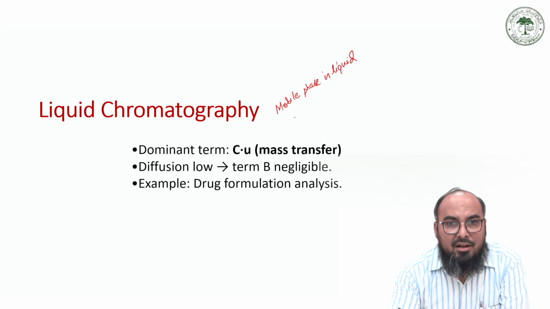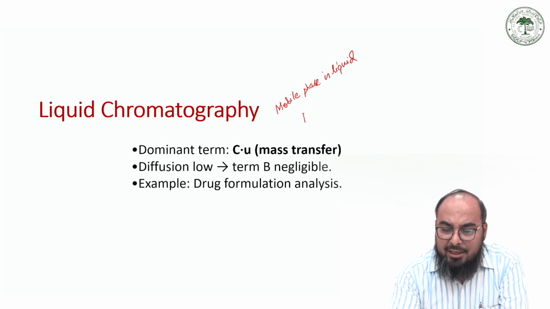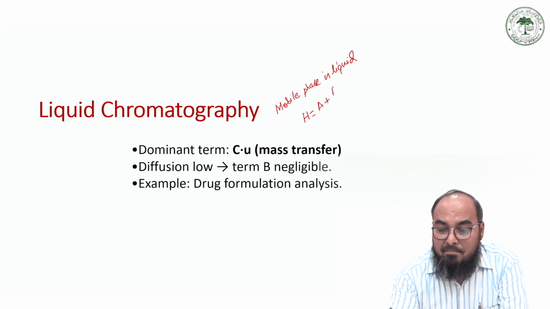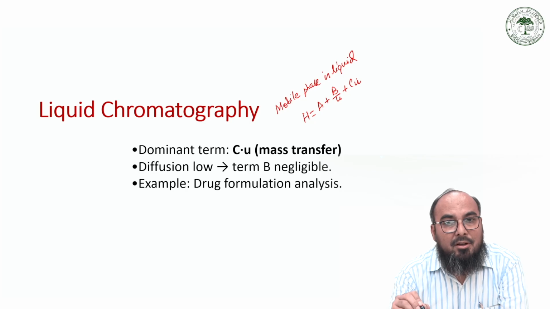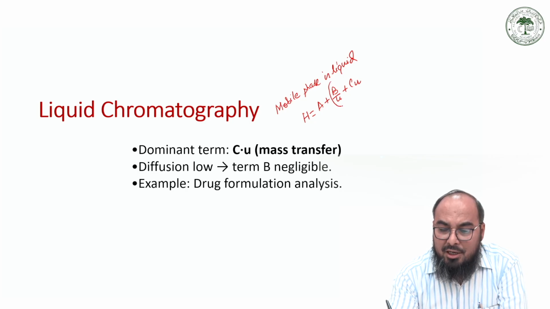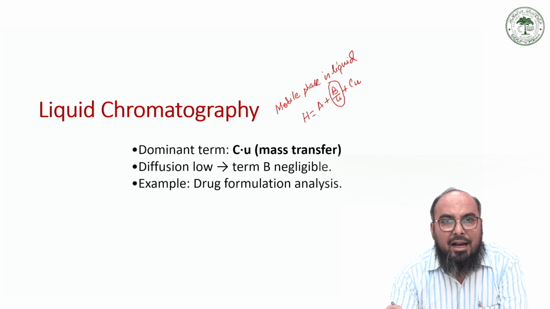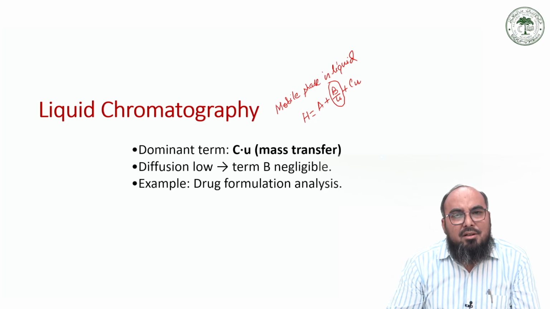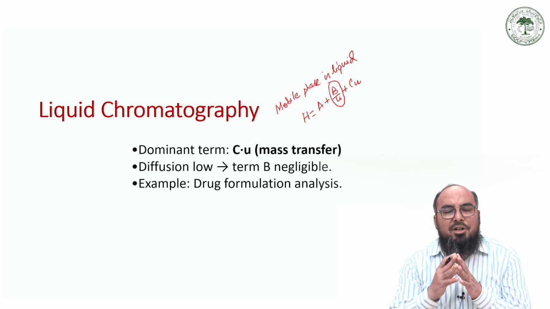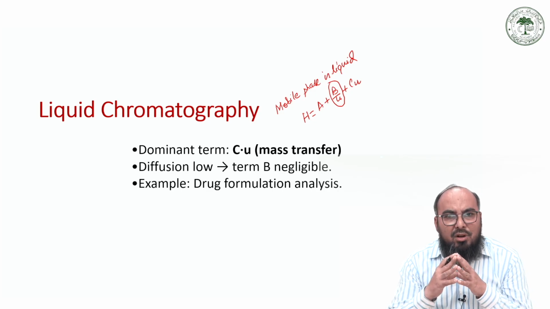So here actually the dominant term becomes... now let us write the Van Deemter equation again: A plus B upon U plus Cu. Now here this B upon U becomes negligible because now this mobile phase is liquid, and for example your substance which is to be separated into its constituent is also a liquid.